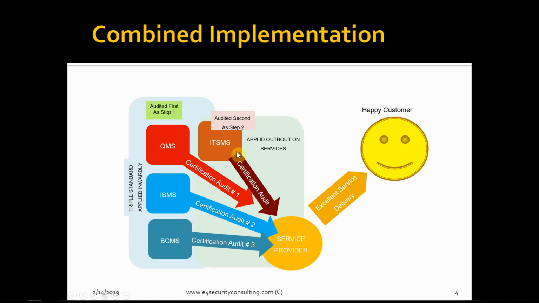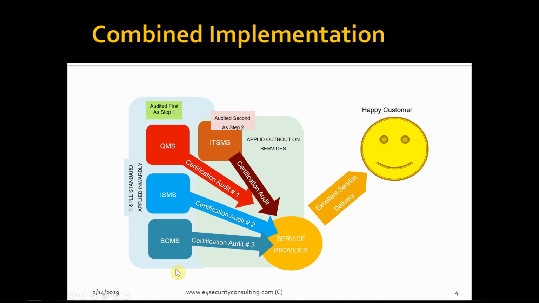Then you want to go through the internal audit for SMS, and the management review of the external services, and then you want to invite the auditor for certification audit for SMS, and that would be your step number 2.